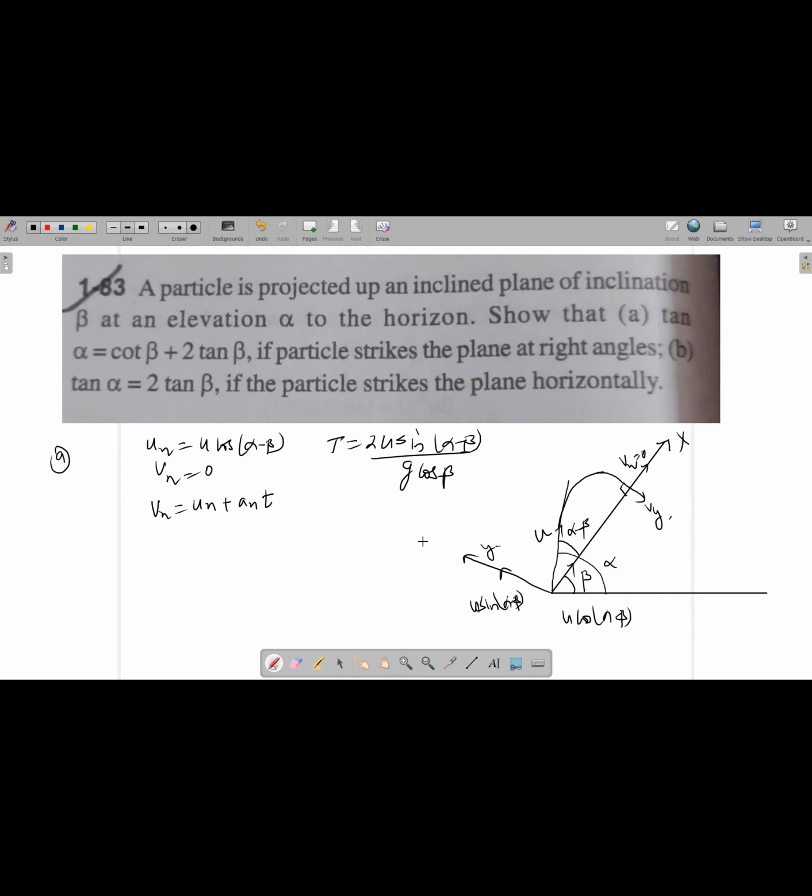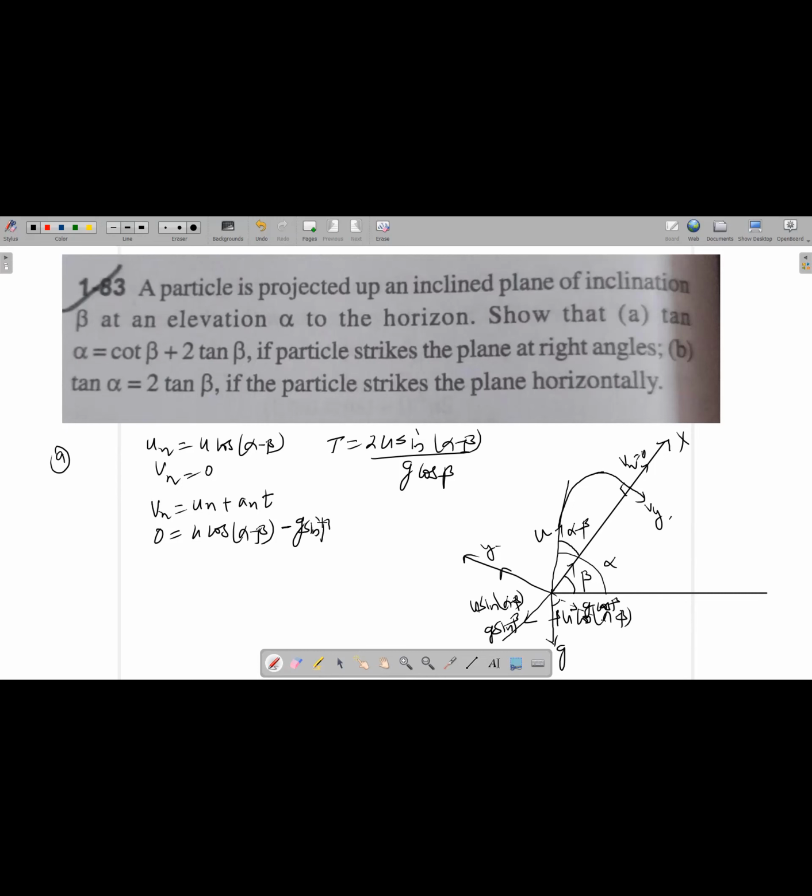The angle of inclination is beta, so it should be g cos beta. Put it here and you will get vx as 0. This is u cos alpha minus beta, and ax means acceleration along the incline, downside. See, this is g, and 90 minus beta, so this angle is beta. So it will have g cos beta and g sin beta. The acceleration along the axis is g sin beta.